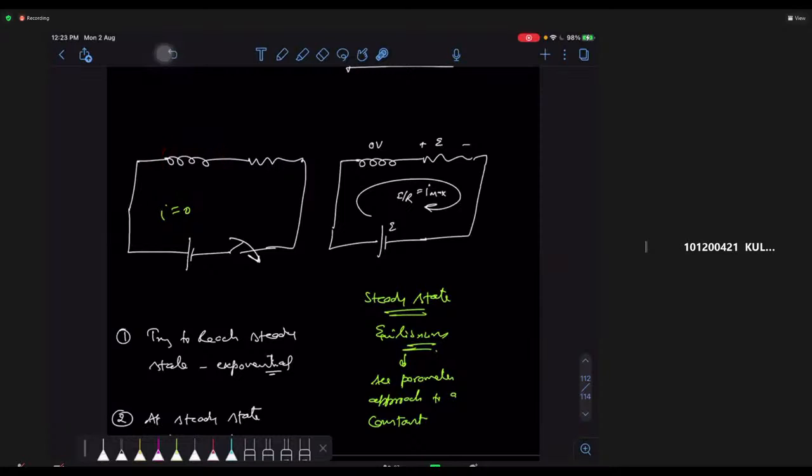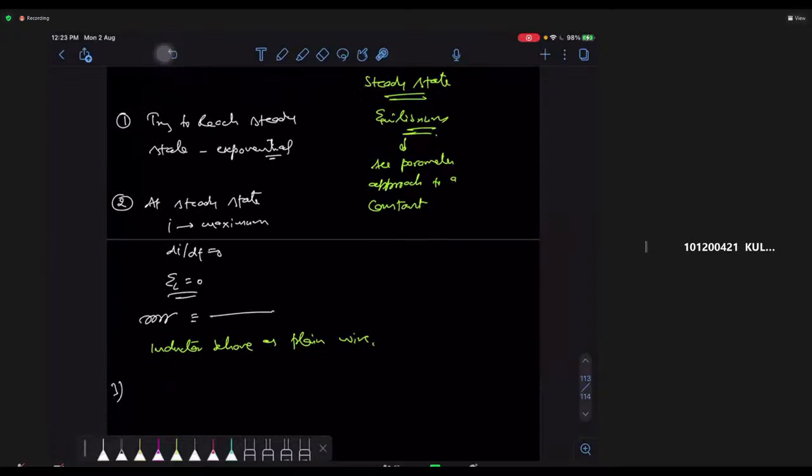So in the beginning, it simply blocks the current. When it blocks the current, the whole of the battery is going to drop across the inductor only, and there is 0 potential drop across the resistance.